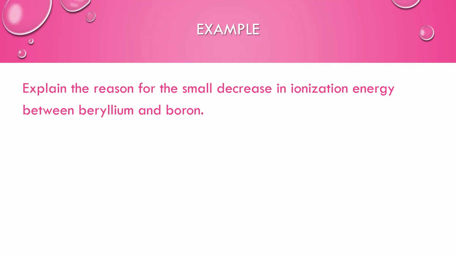An example of how this could be asked is explaining the reason for the small decrease in ionization energy between beryllium and boron. You just need to look at what groups they're in. Beryllium is in group 2, so it's 1s2, 2s2, versus boron, which is 1s2, 2s2, 2p1.